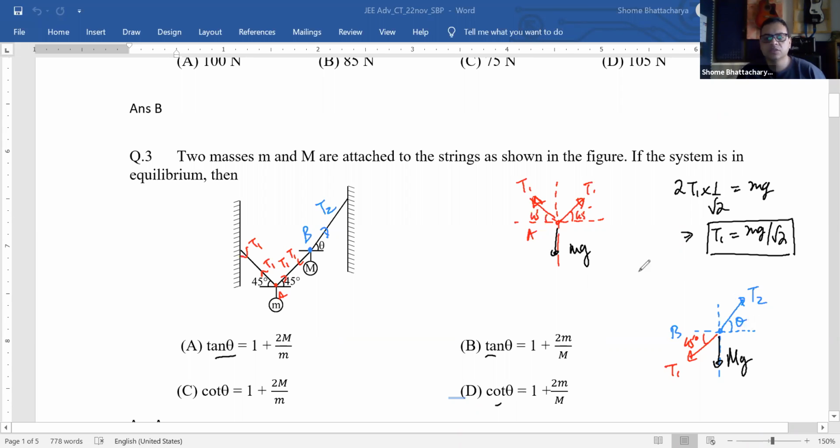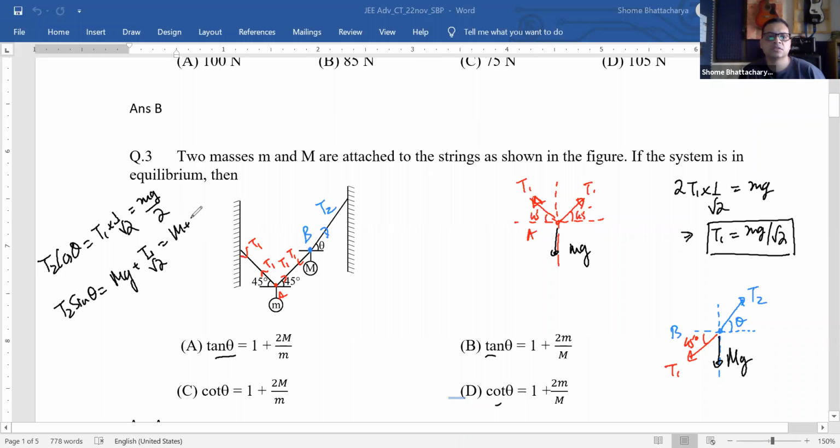So you resolve this. On resolving, you will get these equations: T2 cos theta, that is this horizontal component, has to balance T1 into 1 by root 2. So you can see this is small mg by 2. And this component T2 sin theta has to balance the sum of capital Mg plus T1 by root 2 again.